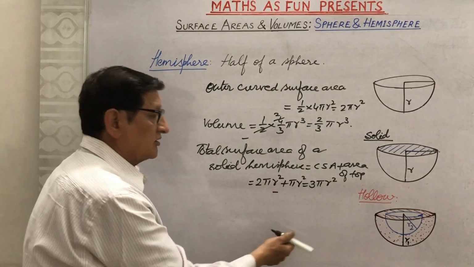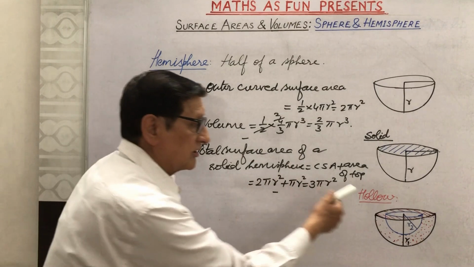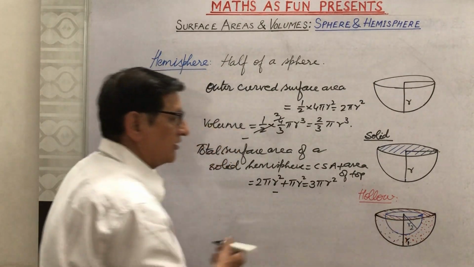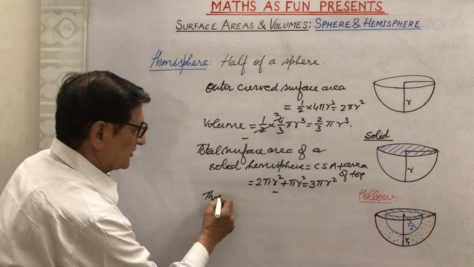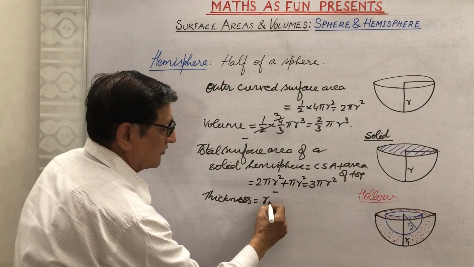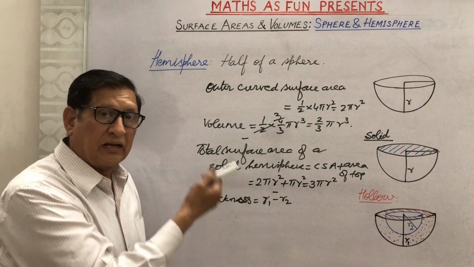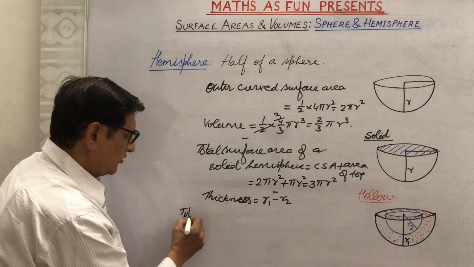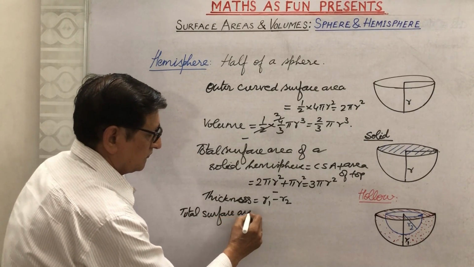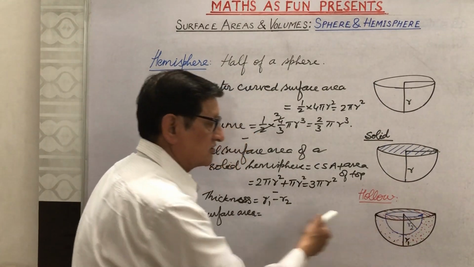Now suppose it is a hollow hemisphere made of some particular sheet with some thickness. If the outer radius is r1, inner radius is r2, then we know that the thickness will be equal to r1 minus r2, or not. That is the difference of the radii. In that case, suppose you want to find out its total surface area. You will find there are three surfaces.